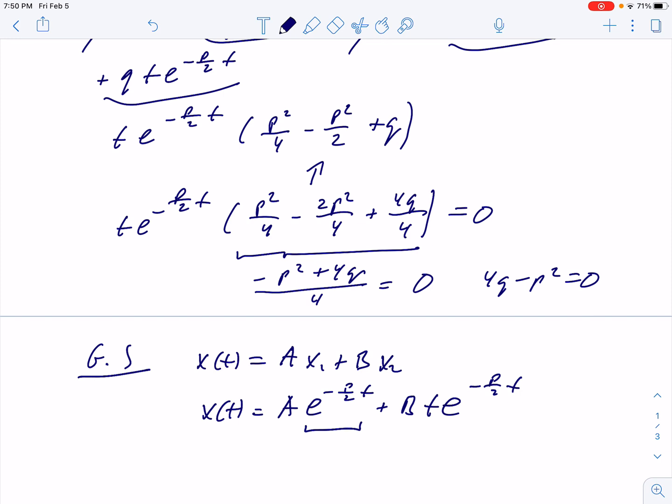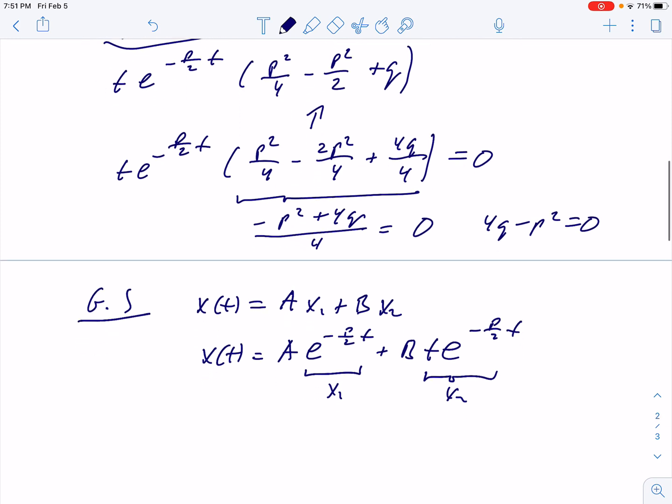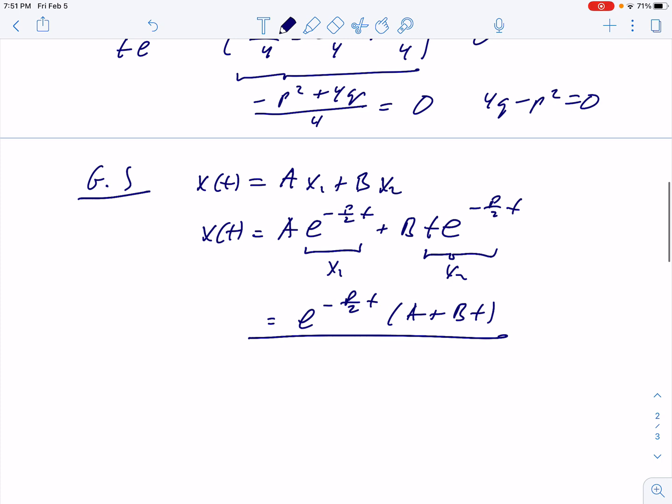So here we have x1 and this was x2, and that's the general solution. We can factor the common exponential and write the general solution this way. And of course, if we have initial conditions, we can compute a and b.